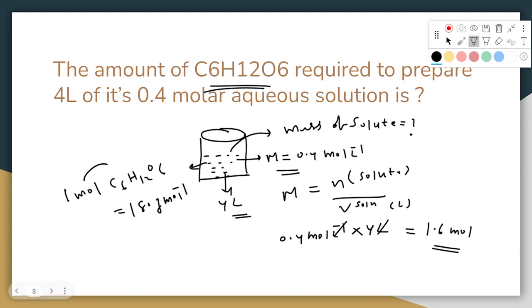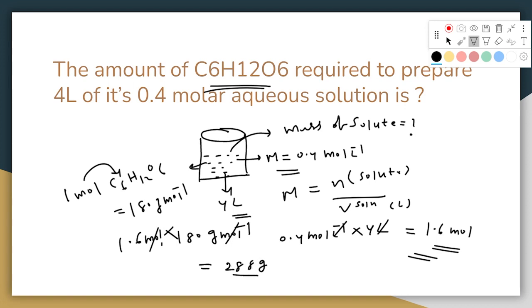If 1 mole contains this much, then 1.6 mole contains 1.6 mole into 180 gram per mole. Mole gets cancelled. Then my answer is 288 grams. Okay, this is the answer.